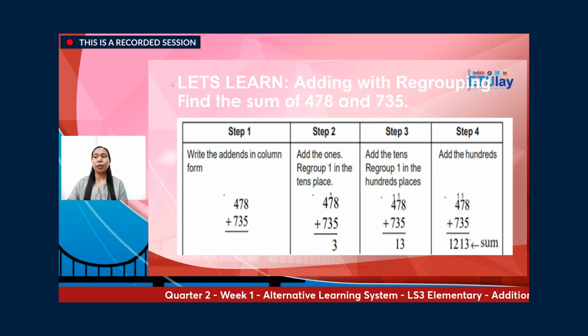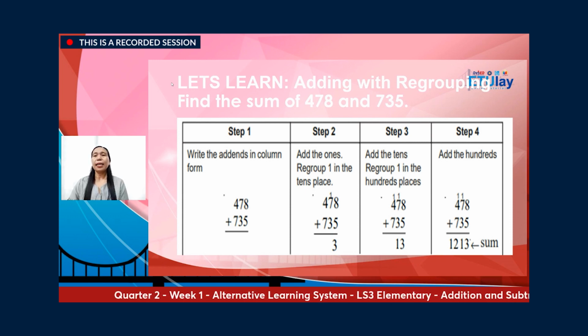Step number 2, add the ones and regroup in the tens place. So we have 8 plus 5 is 13. So we cannot write 13 below. We need to bring down 3, then carry 1 to 7.